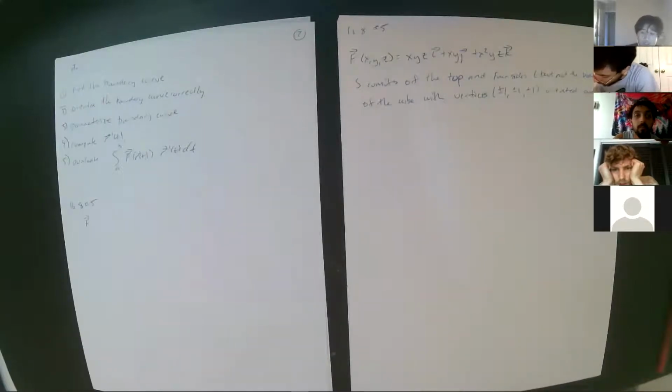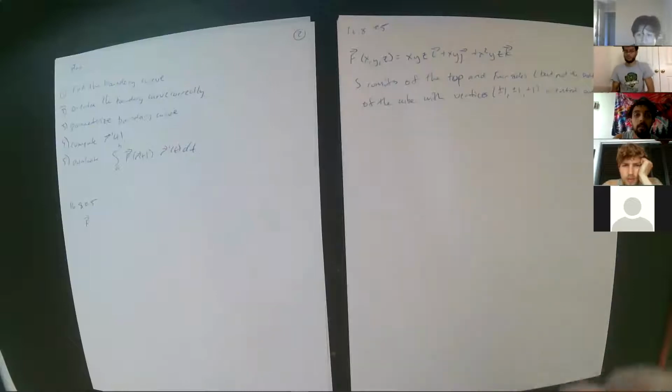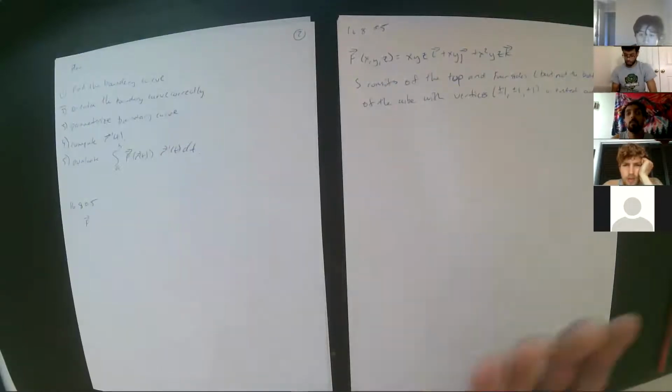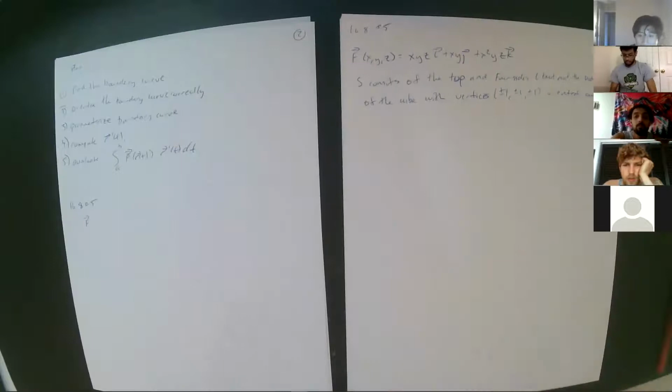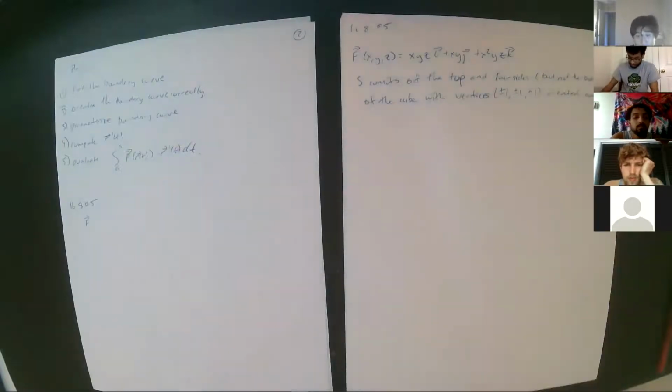It's a cube, so it's 3-dimensional, right? But it doesn't have the bottom. So imagine I had a square box with no top, and I just put it upside down. That's my surface. That's why they're saying this: the top and the 4 sides, but not the bottom.